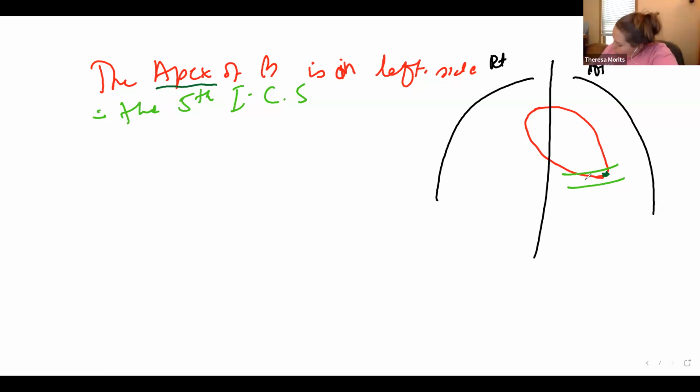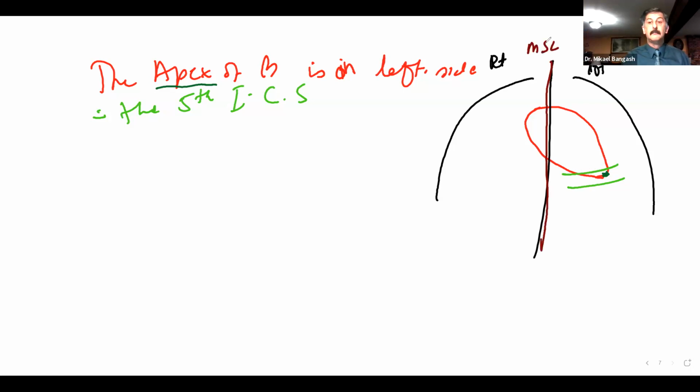Good. But we said that this line here was your mid-sagittal line. It divided the body in the middle along the sagittal plane. So there is going to be another sagittal line at this point here.